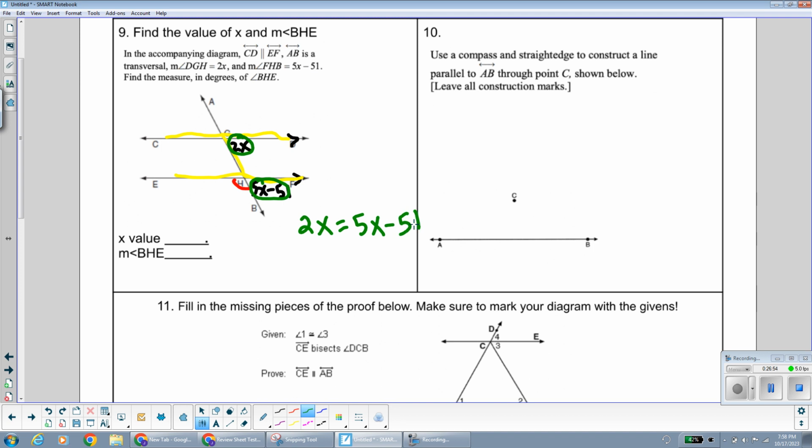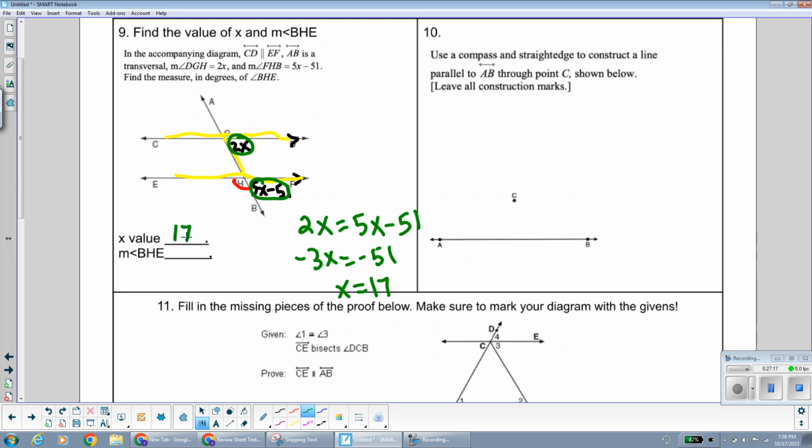Subtracting 5x from both sides, I have negative 3x is equal to negative 51. I'm going to divide by negative 3 on both sides. Negative 51 divided by negative 3 is positive 17. So the x value here is 17.